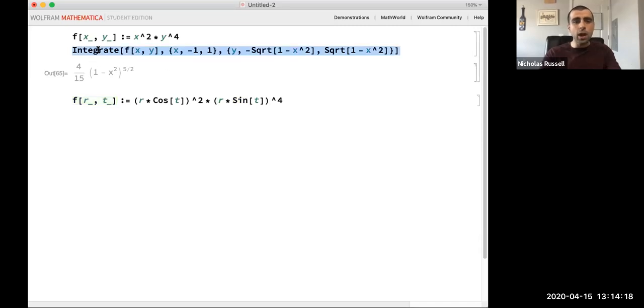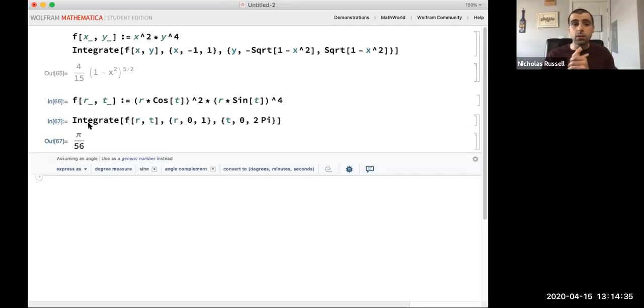And then you would go, okay, I'm going to integrate this. I'll do Integrate f of r, t, from r going from 0 to 1, theta going from 0 to 2 pi, something like that. You might say to yourself, okay, that's a way to do it. And it absolutely is. It's totally okay to do that.